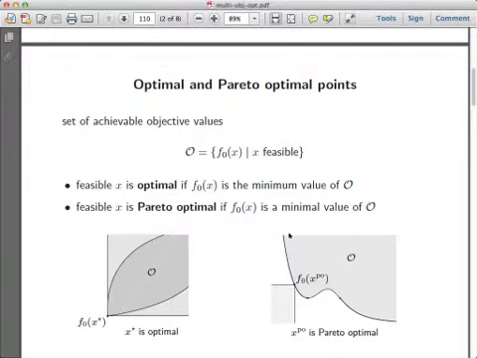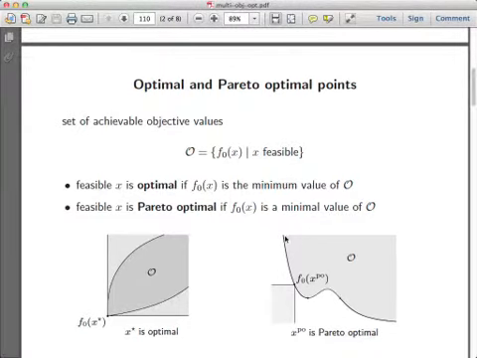So let's say the energy is along the x-axis. Let's say performance is along the y-axis. Okay, so let's say minus performance is along the y-axis. So the lower you are, the more performance you get.